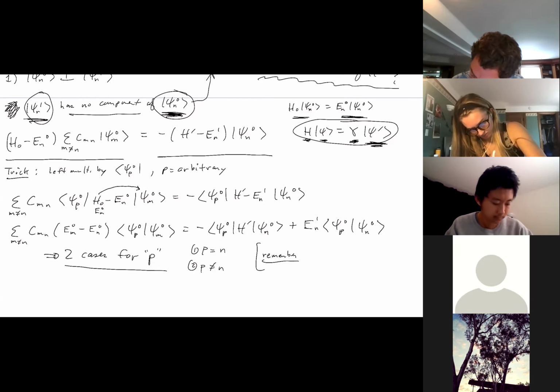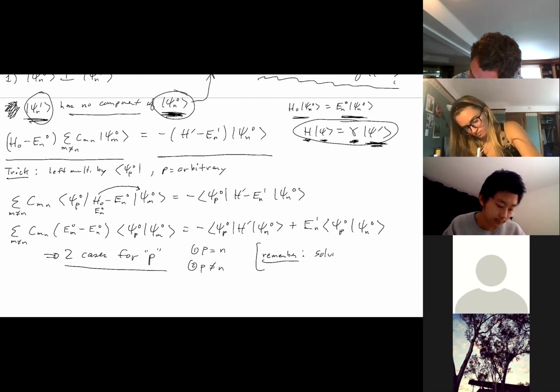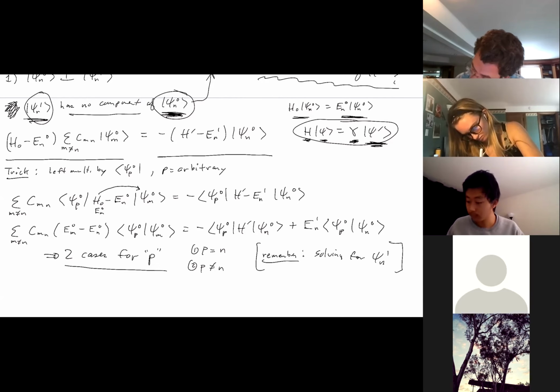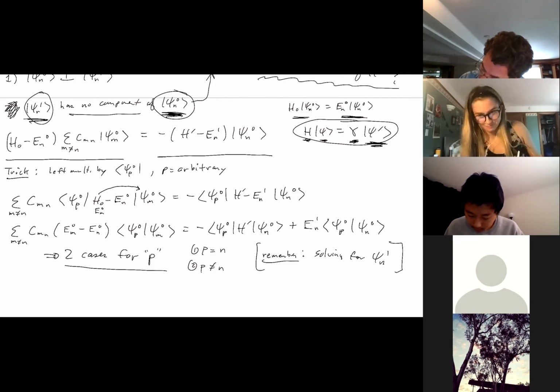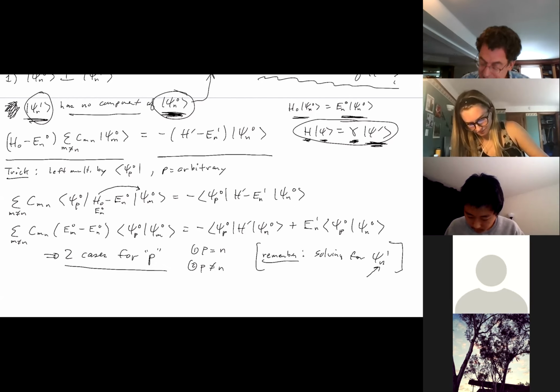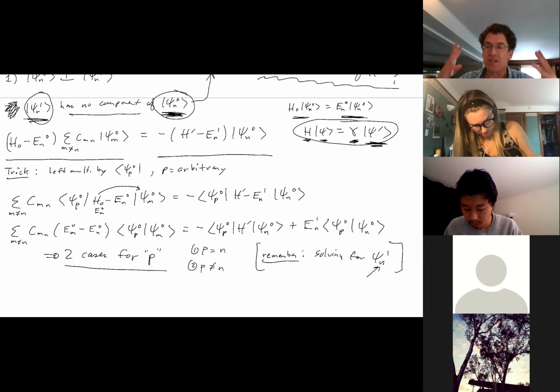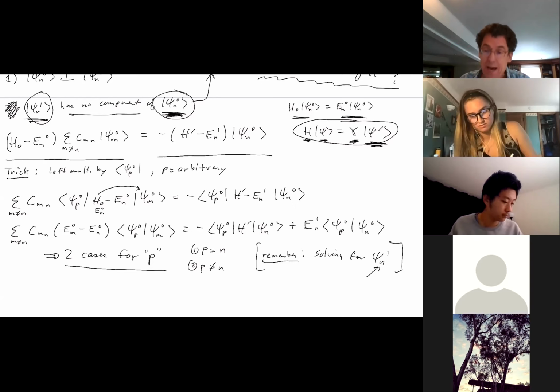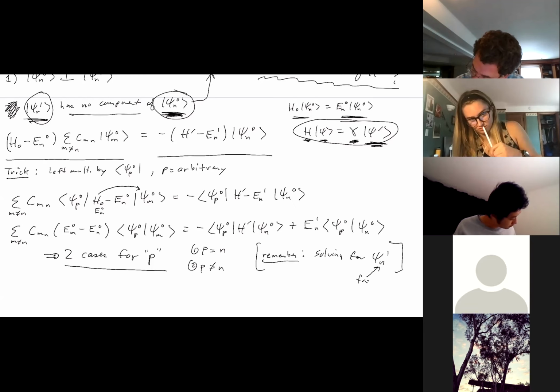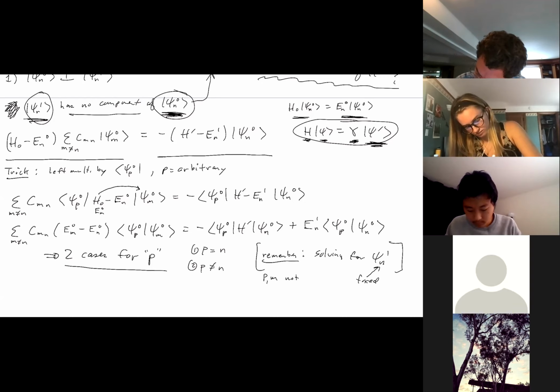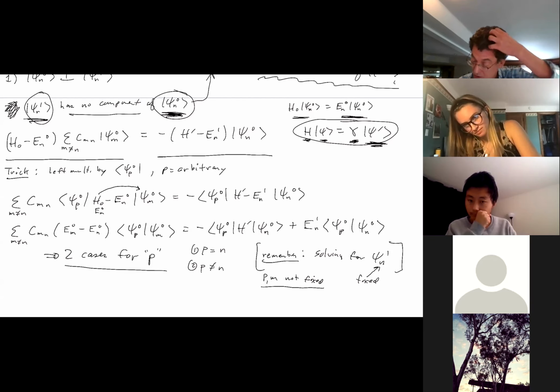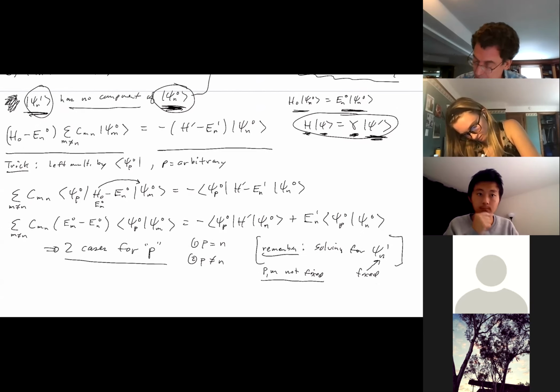The whole point is we're solving for psi n1. We're looking for the first order correction to the nth state. So n is fixed in all of this. N is the one thing that's fixed. M is an index and P is an index. P and M are not fixed, because those are the variables that we are summing over, or are arbitrary. Okay, I just want you to remember that.